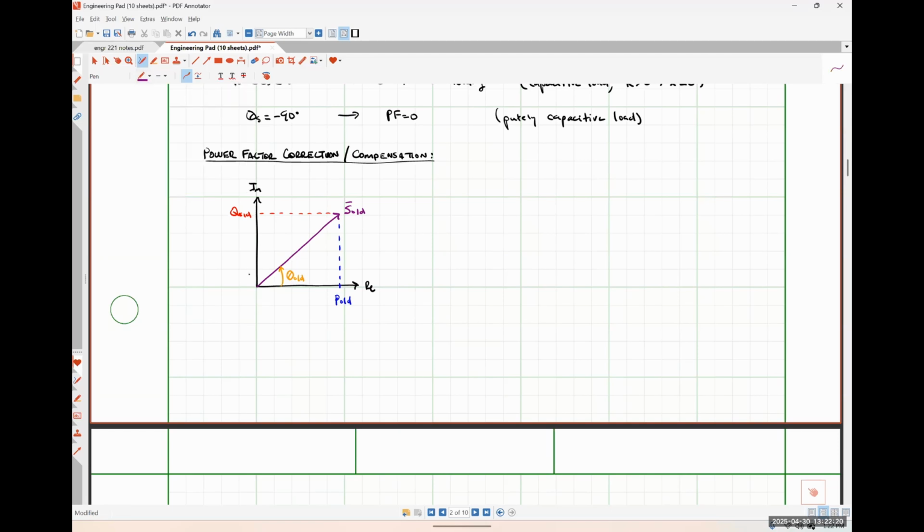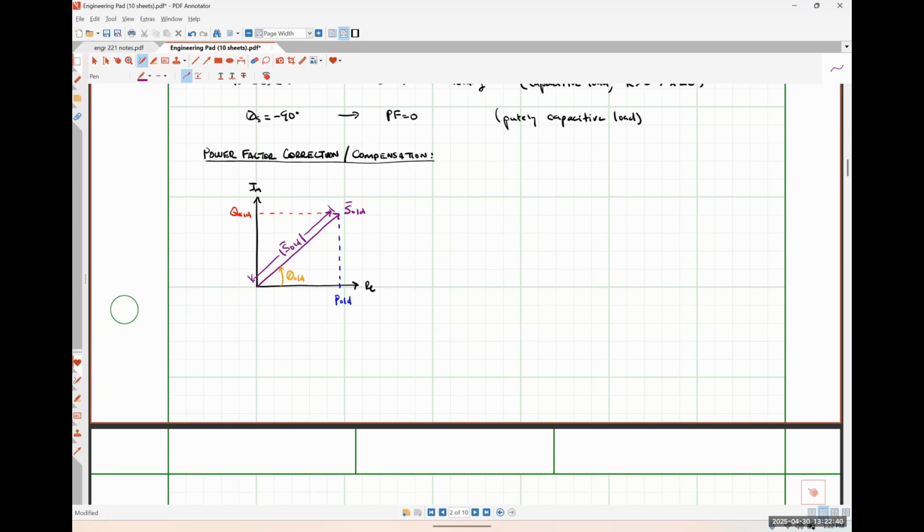And for what it's worth, even though this isn't super important right now, it would also have some apparent power, the magnitude of S old, like so.